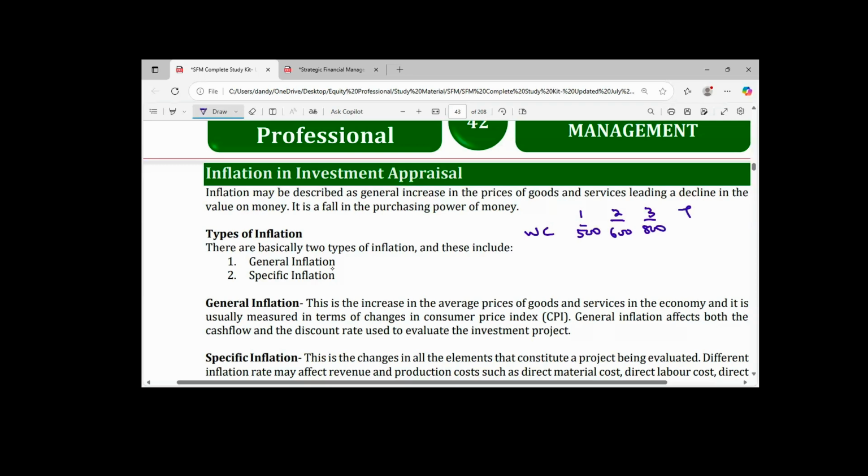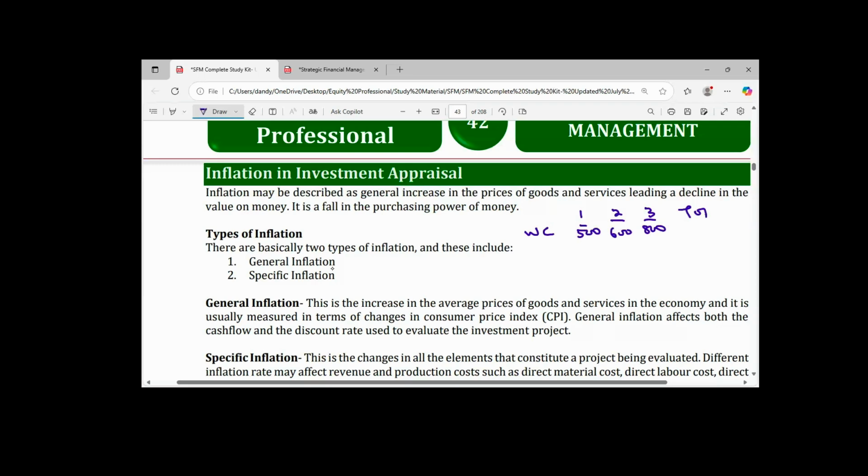You will notice that working capital is increasing on a yearly basis. So when you are given this kind of information, the 600 and the 800 are irrelevant.